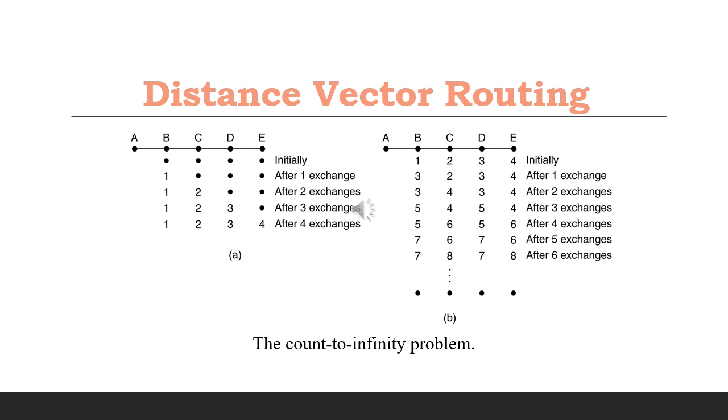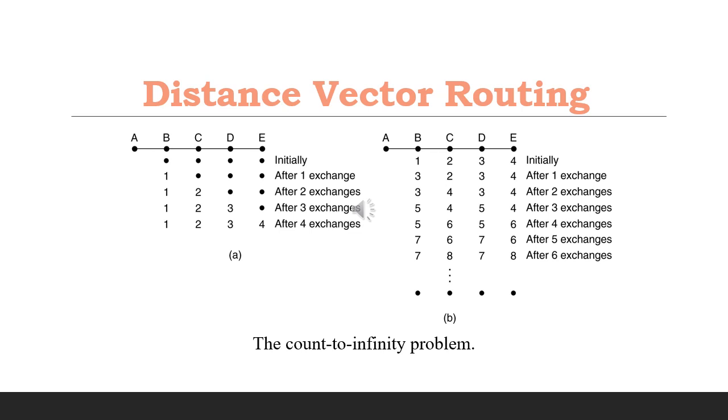Now A goes down. Now B says that through C, it will get the information that C can reach A by 2, and B can now reach A through C. So it will make an entry of 3.